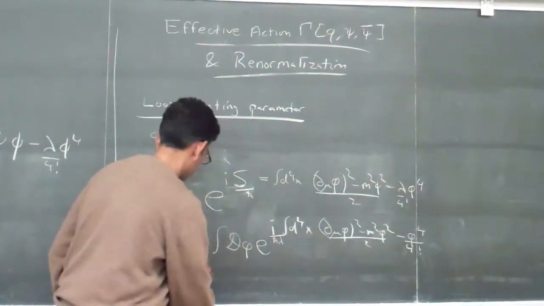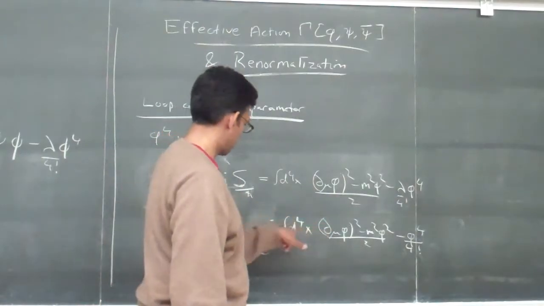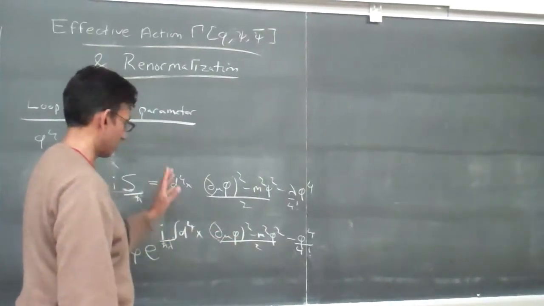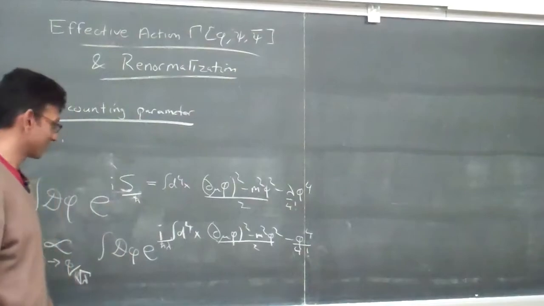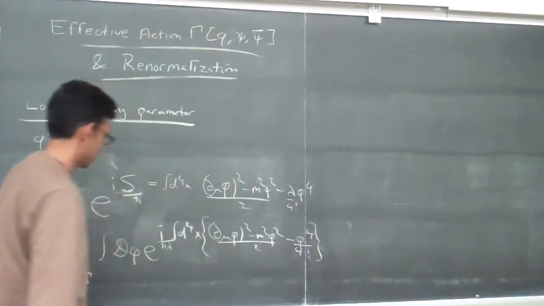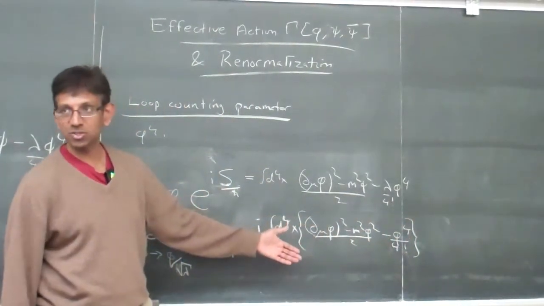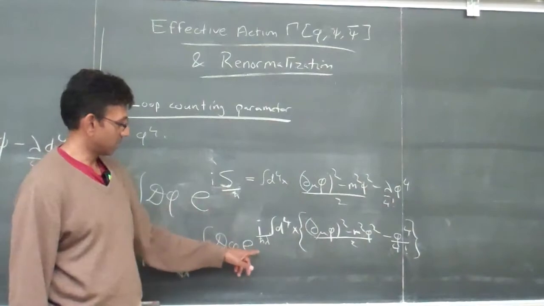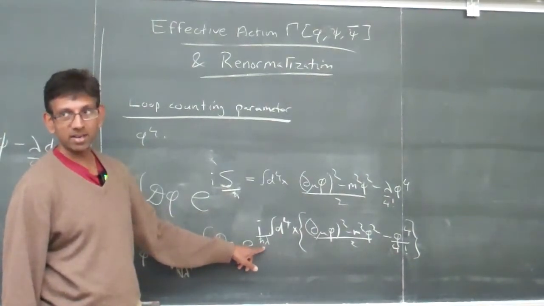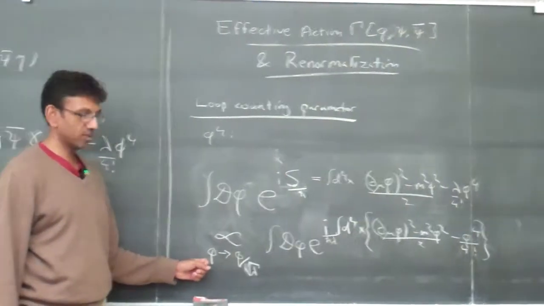That makes no sense. Wait, it must be square. And what did I do wrong? That works. No, it's all good. Okay. So we've completely got rid of the lambda in the action and put it all there right next to the h bar. And we did it by just a field redefinition.